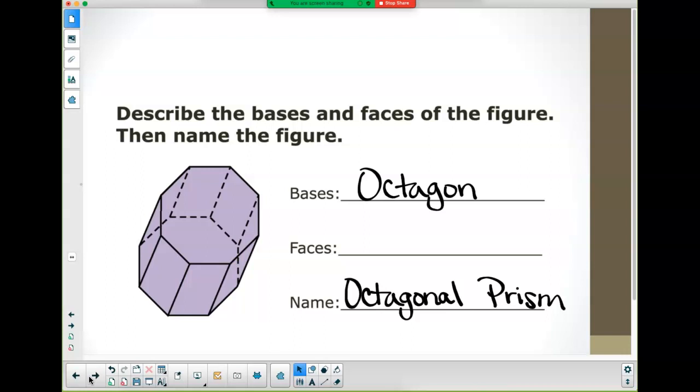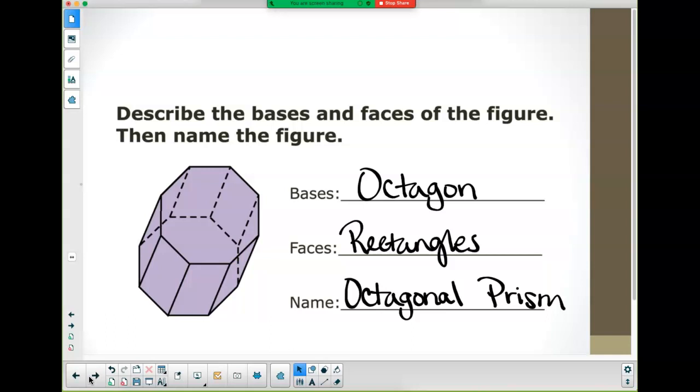What are the faces? What would all these sides be? In a prism, we have our bases, and all of the faces are what? Go ahead, Caleb. Rectangle. Rectangle. Okay. Questions there?